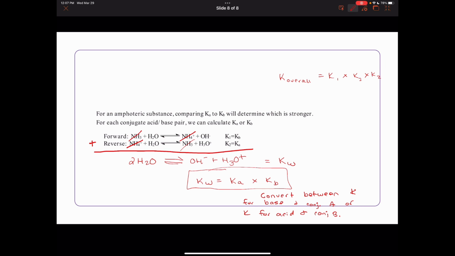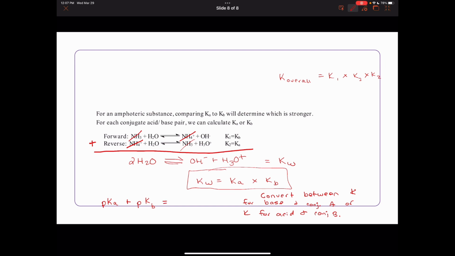Now we can further manipulate this equation. I could take the negative log of both sides, which would result in getting an equation that says that my pKa, so remember P just means take the negative log, so negative log of Ka plus negative log of Kb equals the negative log of Kw.